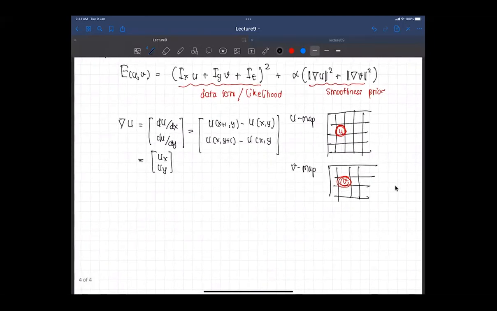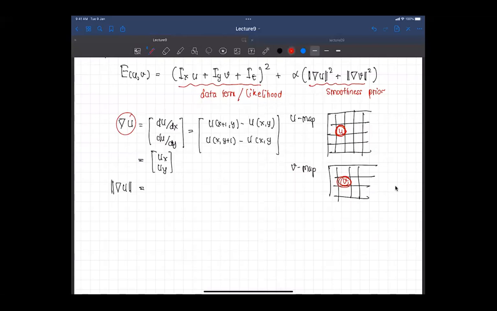And you have this notation of nabla u, and this one is a square. What does it mean? Without the square, it means the magnitude, because nabla u here is a vector, (ux, uy).